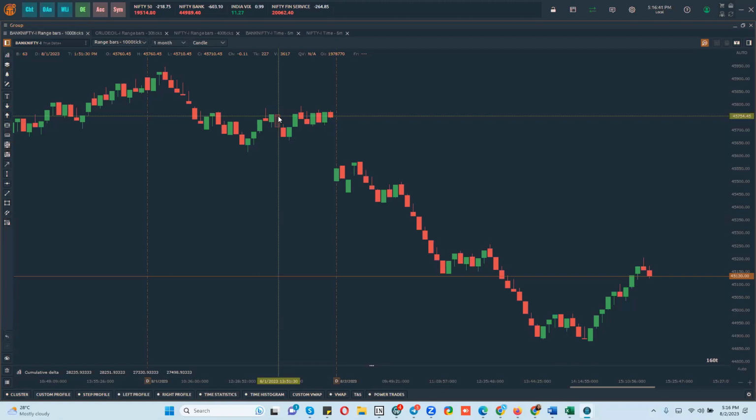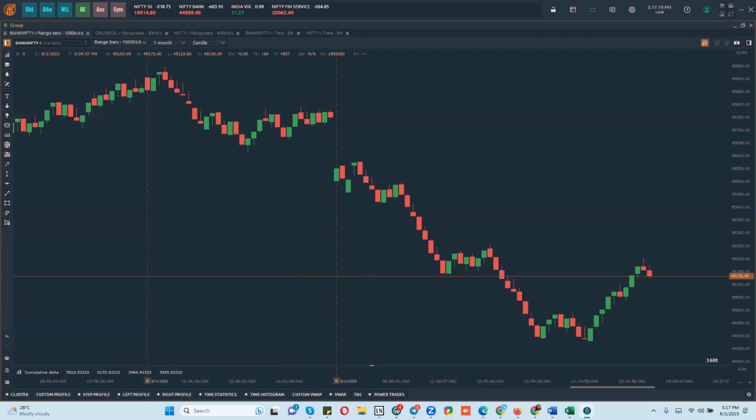Otherwise, crude oil prices are fairly calm. So this is one way to avoid noise: you could use a range bar chart. The principles of other things related to order flow will always remain the same. I'm going to come back to that as well.